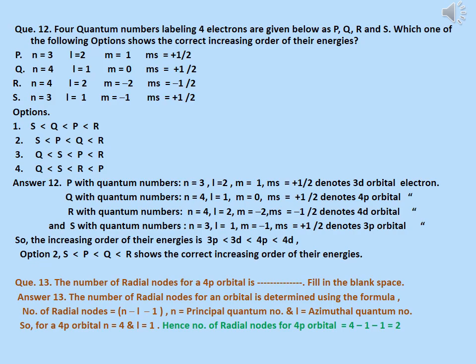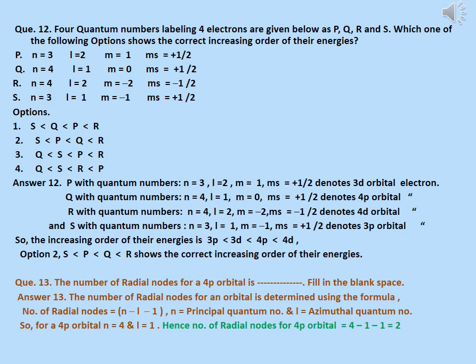In the same slide, I have included another question, that is question number 13. The number of radial nodes for a 4p orbital is dash. You'll have to fill up the blank space. The number of radial nodes for any orbital is determined using the formula n minus L minus 1, principal quantum number minus azimuthal quantum number minus 1.